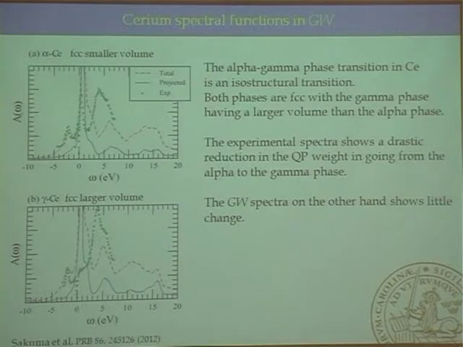It is not so surprising because we start from the LDA band structure, which has essentially the same density of states here. And so we have perturbations on top of the LDA. Since the starting points are almost the same, we don't expect a drastic change in the final result. But this illustrates the problem with the GW. It doesn't get the right physics, so to speak.